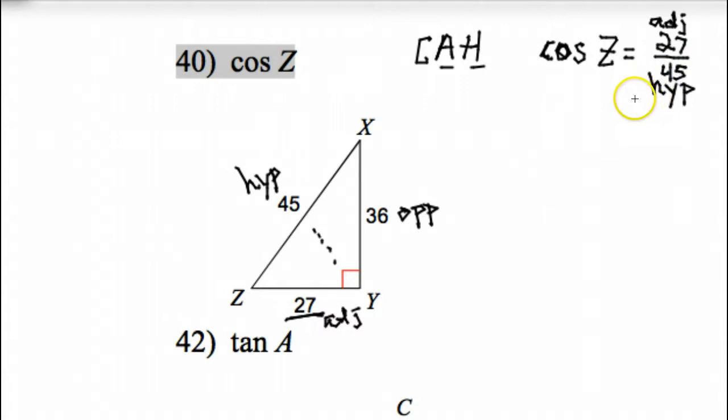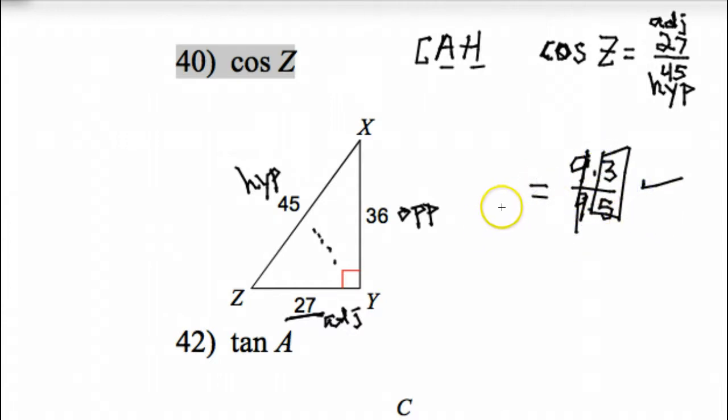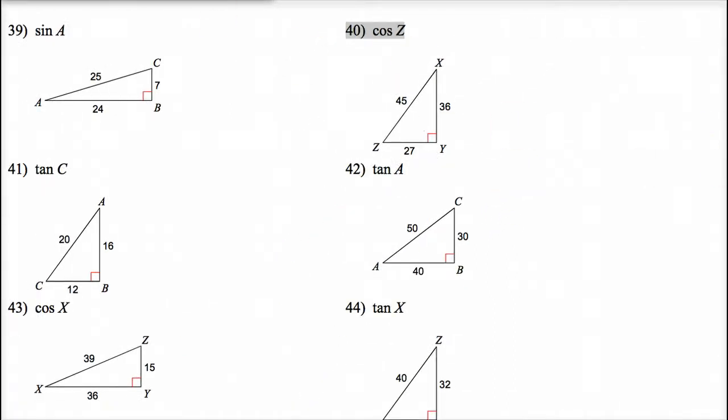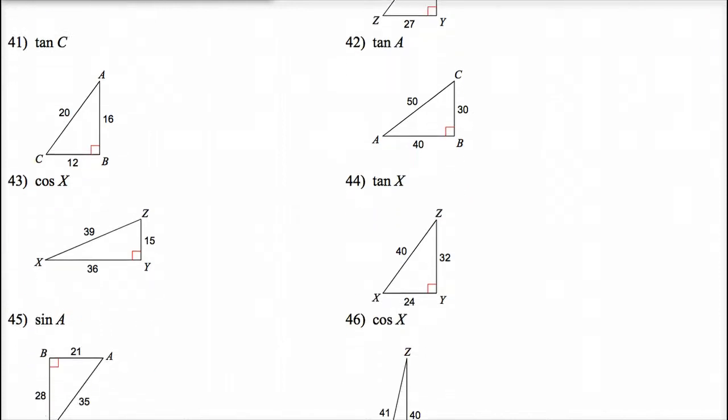I can simplify that because 27 is 9 times 3 and 45 is 9 times 5. So that's really just 3 over 5. That's super easy. Let's see if we can come up with a harder one.